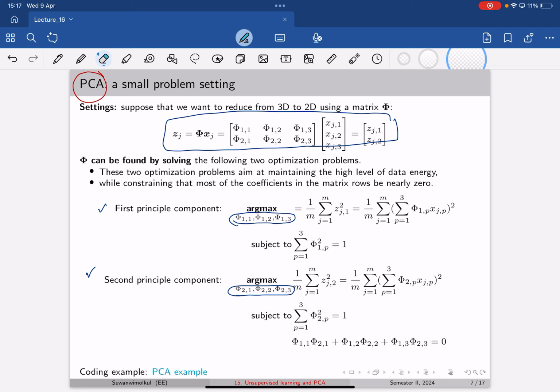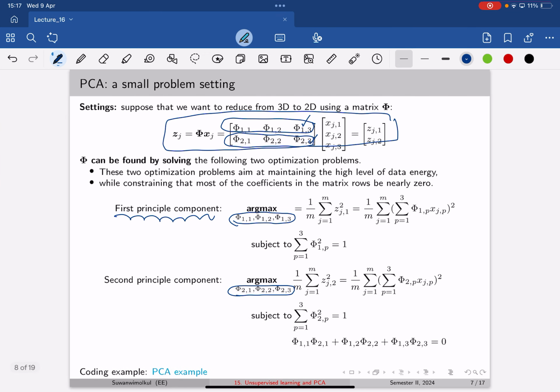Firstly, if we want the first principal component, that is like your first coordinate. You just solve for this one row of your phi matrix. But if you also want to solve for your second row, you have to ensure that your second row is orthogonal to your first row.